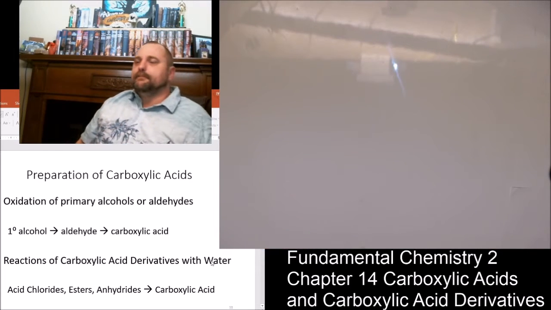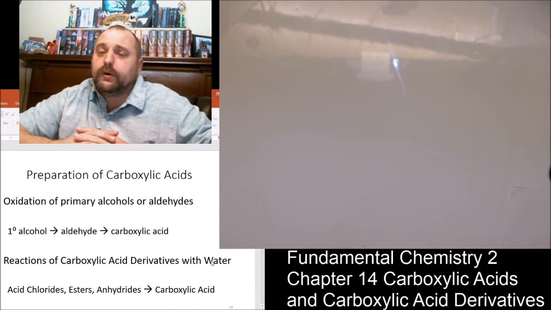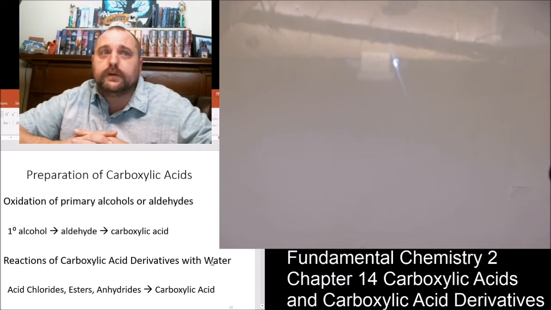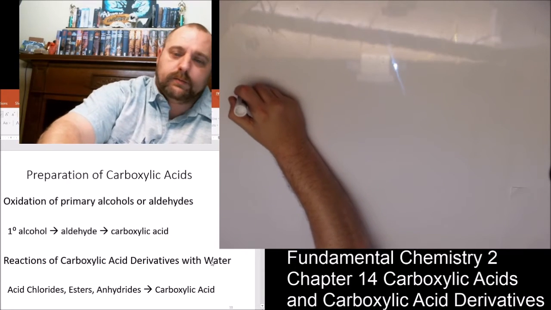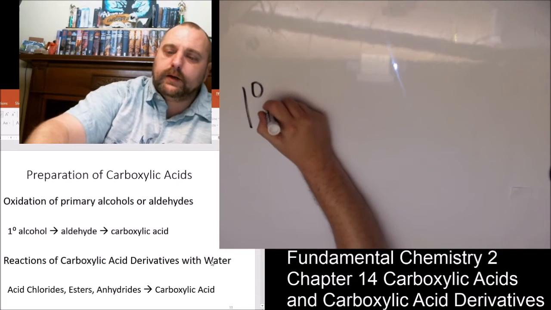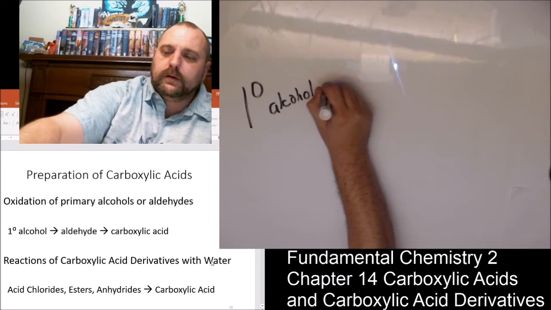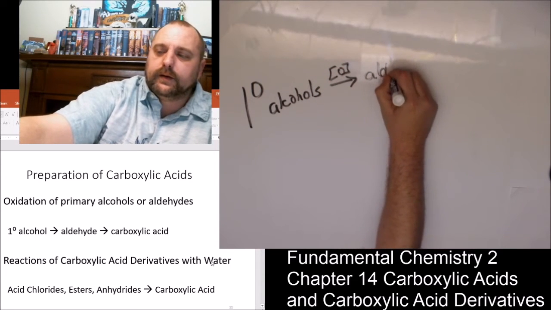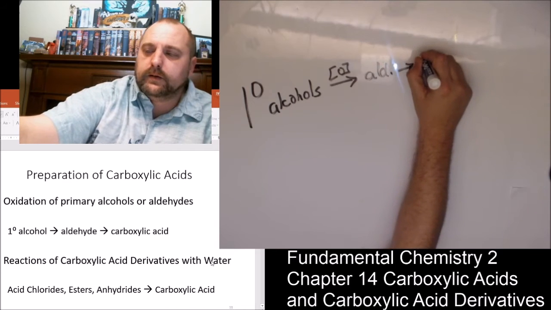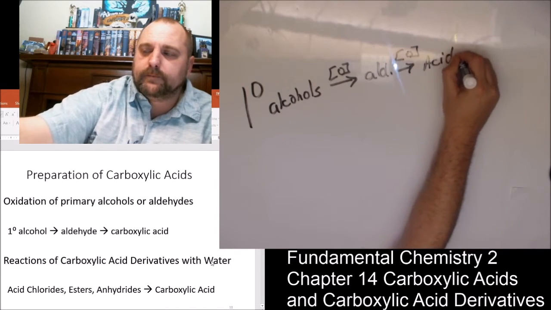Speaking of, so let's make these carboxylic acids. The primary way we make them is from primary alcohols, and we said that we want to always keep in mind this idea that primary alcohols will oxidize to aldehydes and then continue to oxidize to the acids.